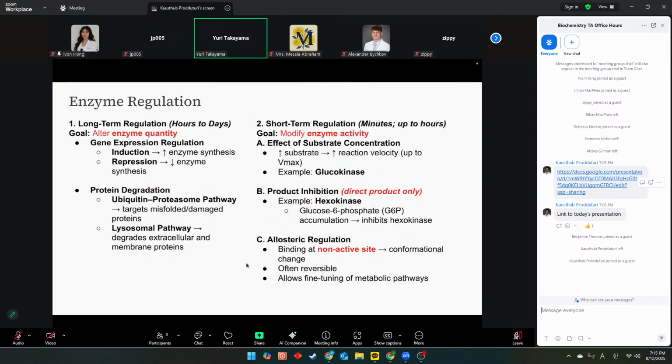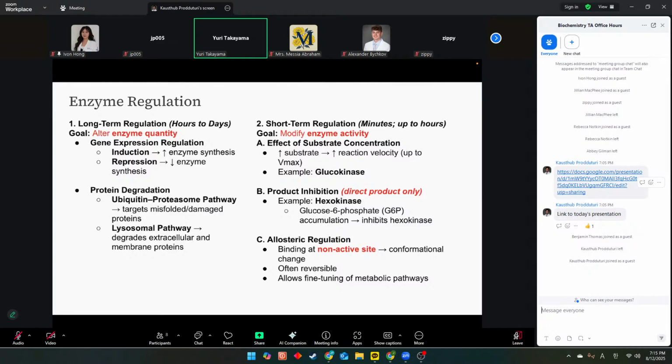So let's talk about enzyme regulation. Long-term regulation changes the actual quantity of enzyme present in the cell, and this happens mainly through gene expression and protein degradation. Induction increases enzyme synthesis, repression decreases it.